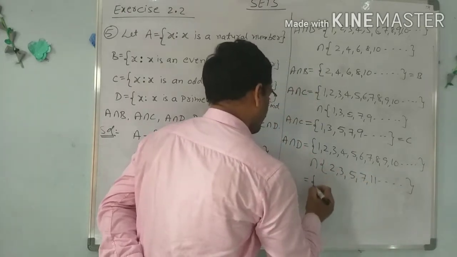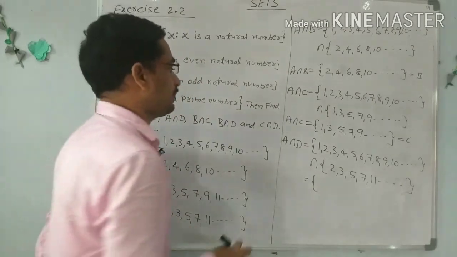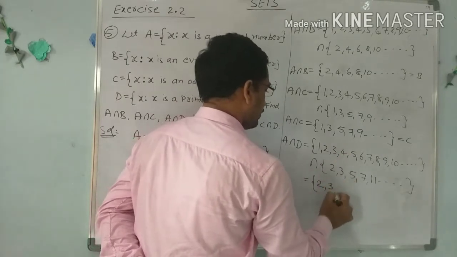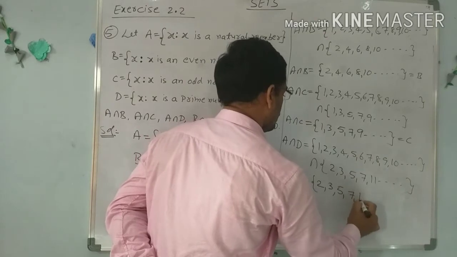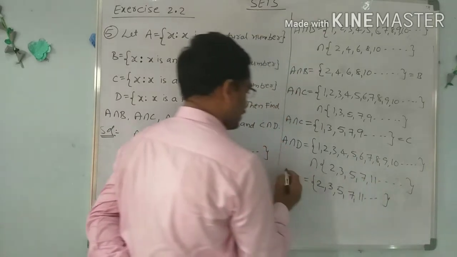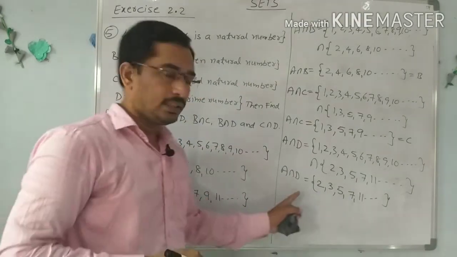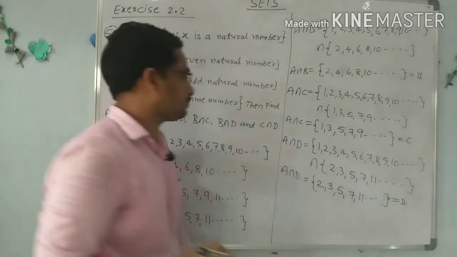So write the common elements that lie in both set A and set D: 2, 3, 5, 7, 11 like this. All these are the elements of A intersection D. A intersection D equals set D.